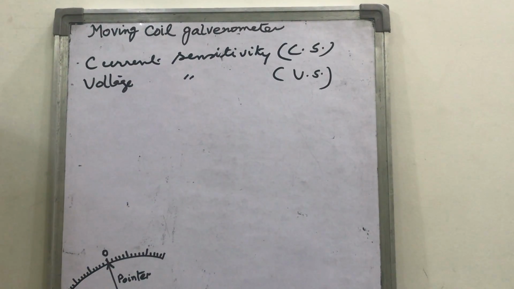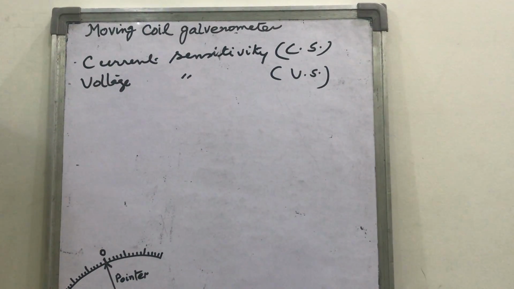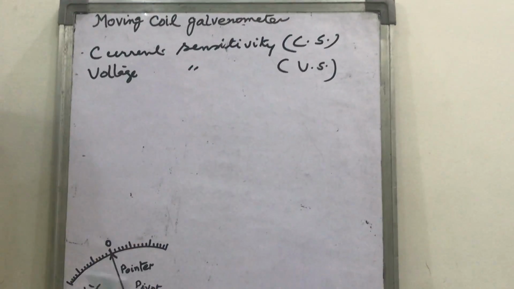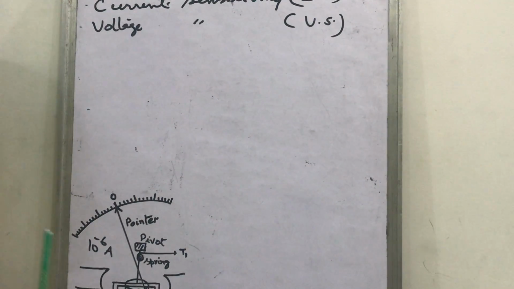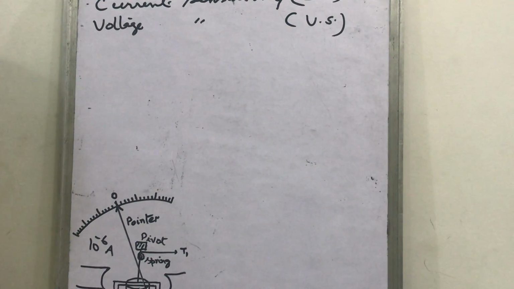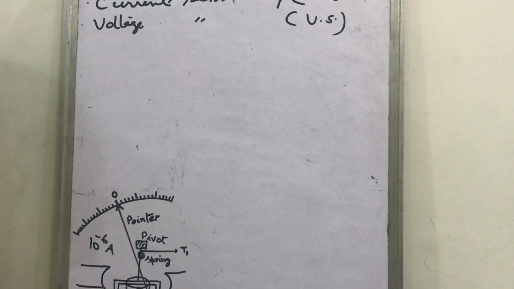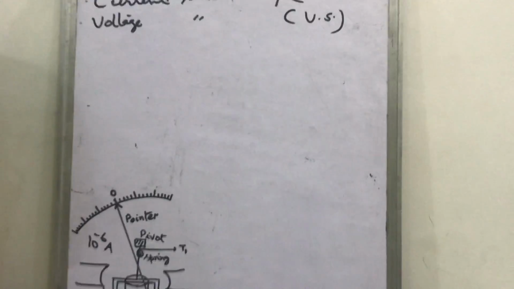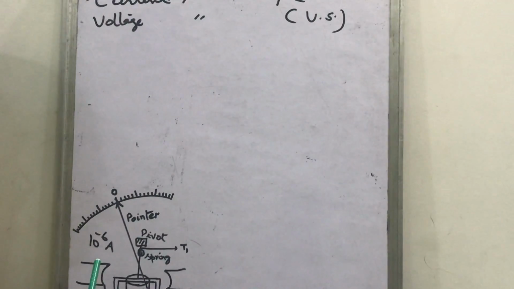A galvanometer is said to be sensitive when, for a very small current or a very small potential drop across it, a large deflection is shown by the pointer. Learn this. So in general, either you provide some current in the galvanometer or a small potential difference; for very small current or very small potential difference, the pointer shows large deflection, then it is said to be sensitive.